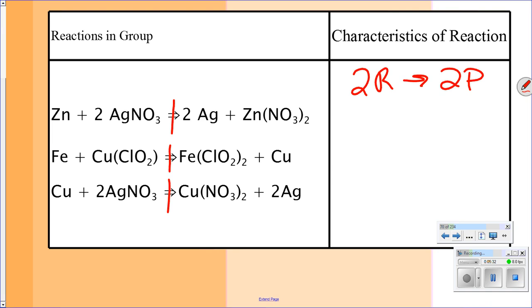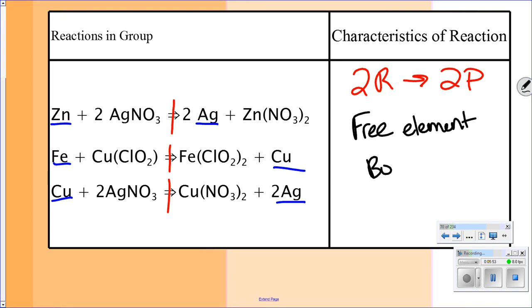But what these do all have in common with one another is that on both sides of the reaction, we always have a free element. So in this particular type of reaction, we're going to have 2 reactants, 2 products, and a free element always present on both sides, in both the product and reactant side.